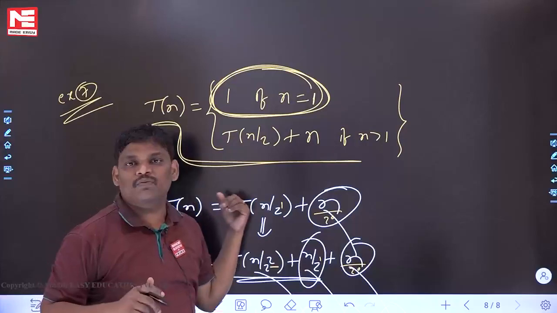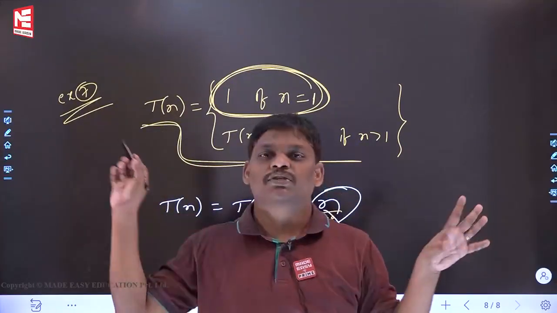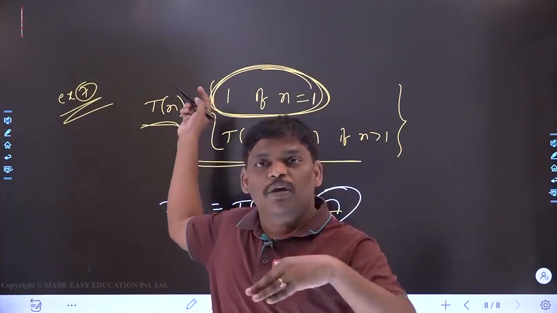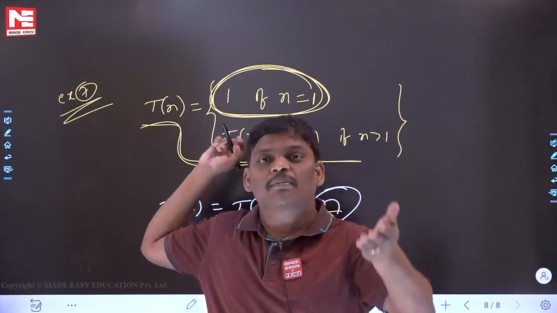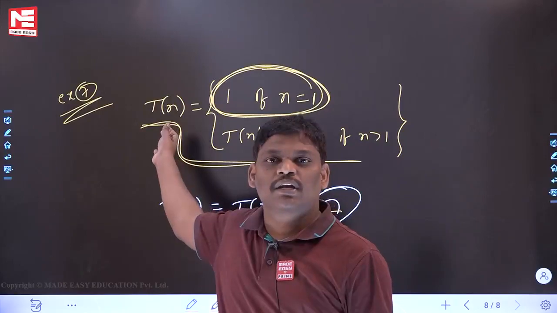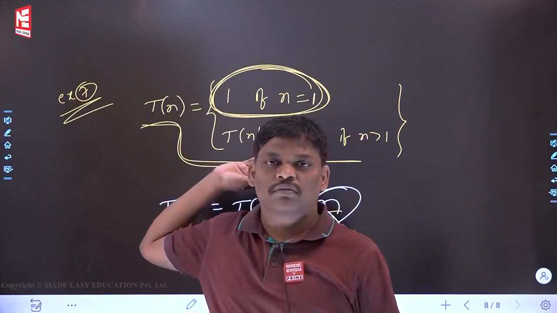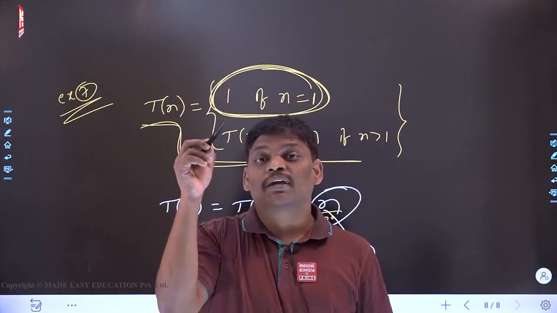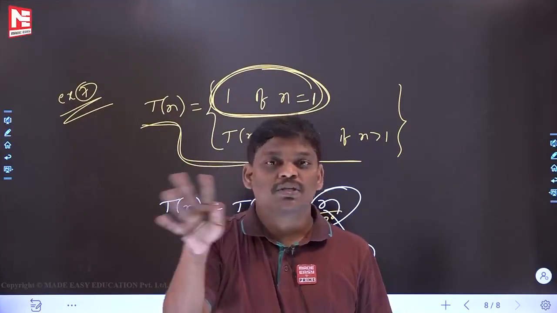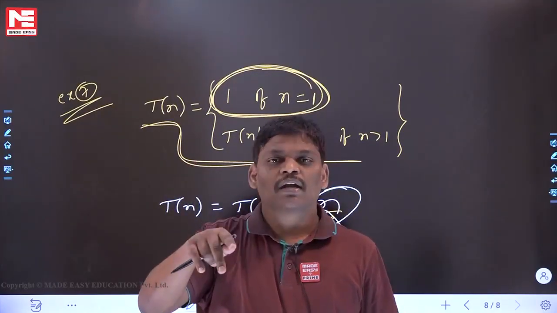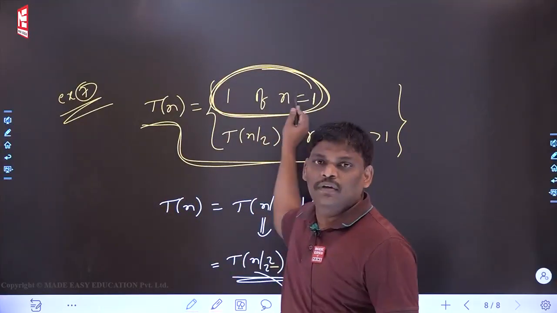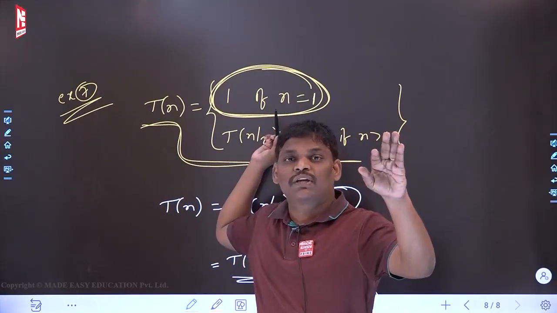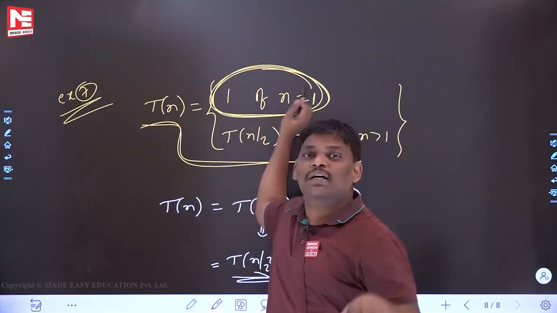Suppose in some examination they don't give any termination. In all the problems I have given until now, I gave some termination, right? In some examination, while giving a recurrence relation, they don't give any termination. They are not giving any termination doesn't mean that termination is not there. They want to say that anything is okay, you take. But one thing, take it in terms of constant. If they don't give a termination condition, you take whatever you like in terms of constant.